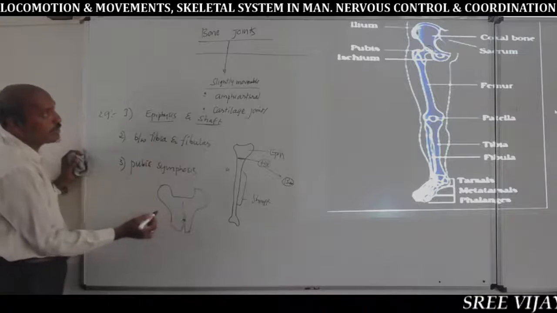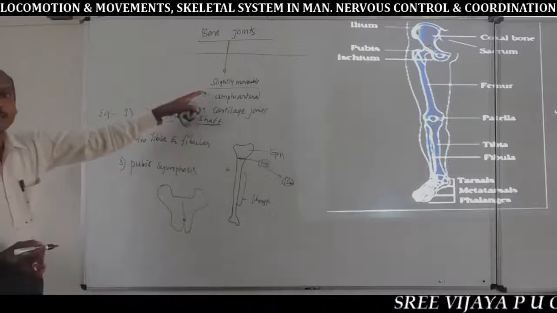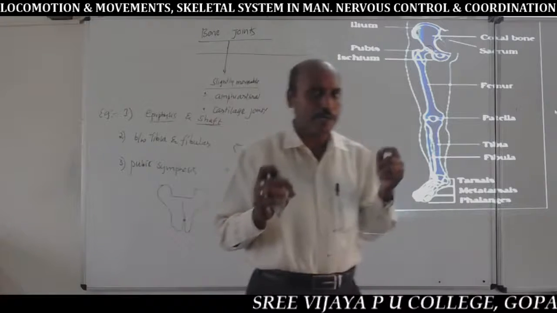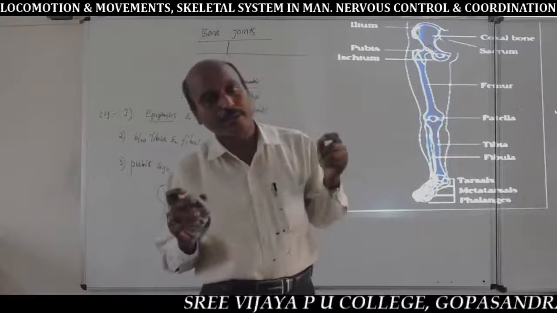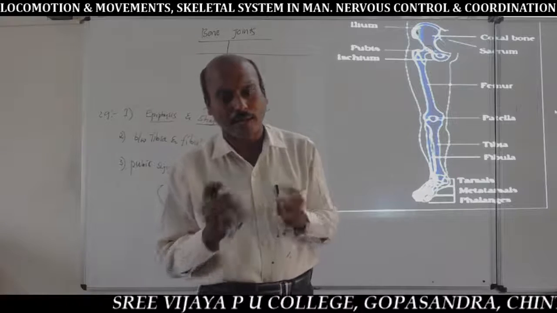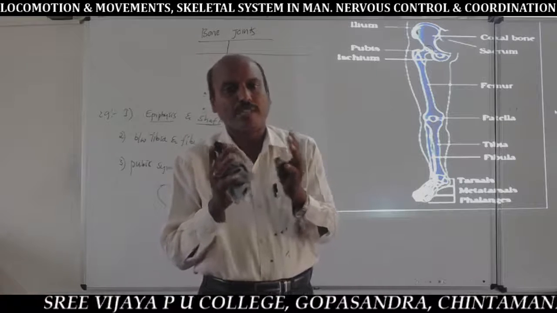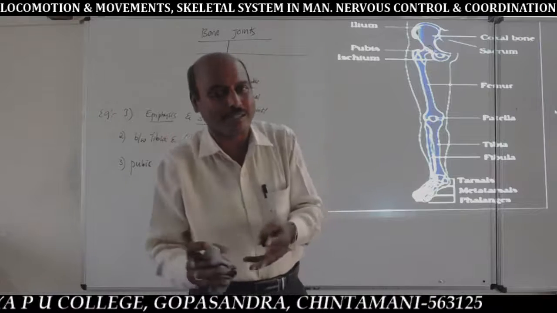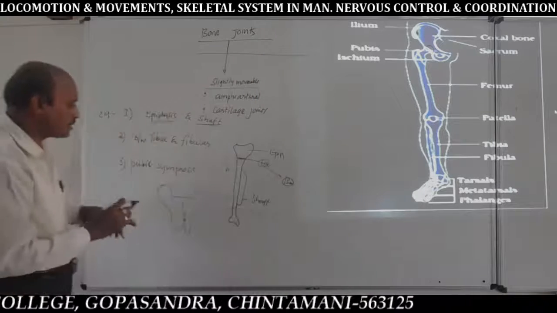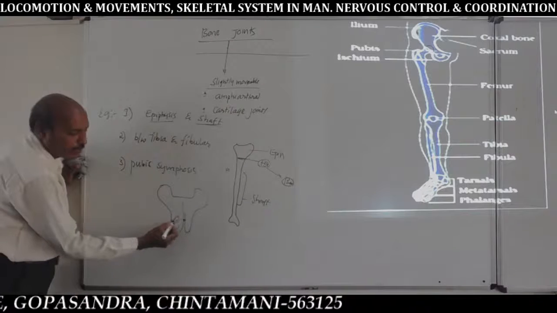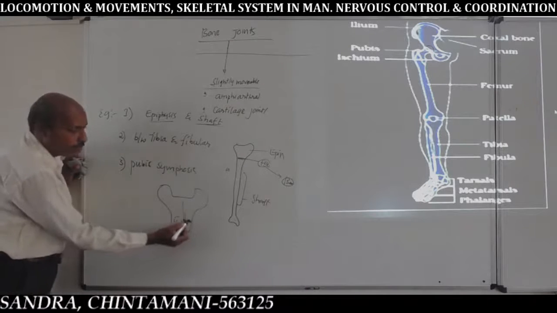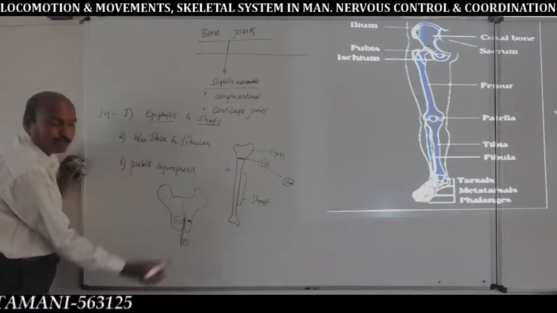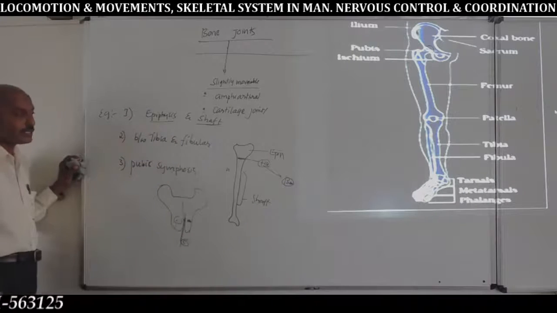This is also a type of slightly movable joint because in females, during the pregnancy period, the pubic bone becomes enlarged and slightly movable for easy parturition. That's why the joint present between two coxal bones is the pubic symphysis. This is made up of hyaline cartilaginous tissue.